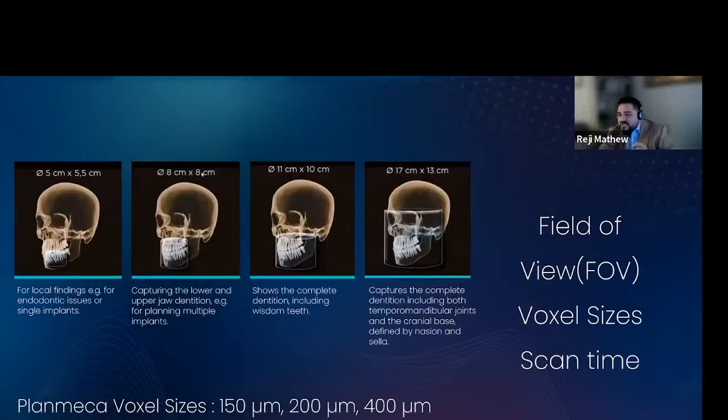Whereas spatial resolution is, if two objects of different density are placed close to each other, let's say a root and a PDL space, how clearly you can differentiate between them. That is spatial resolution, and CBCT is great with spatial resolution. That helps us for endodontic purposes.